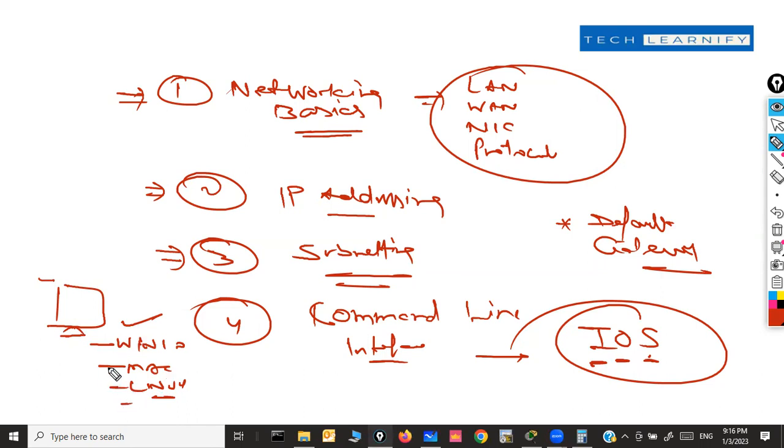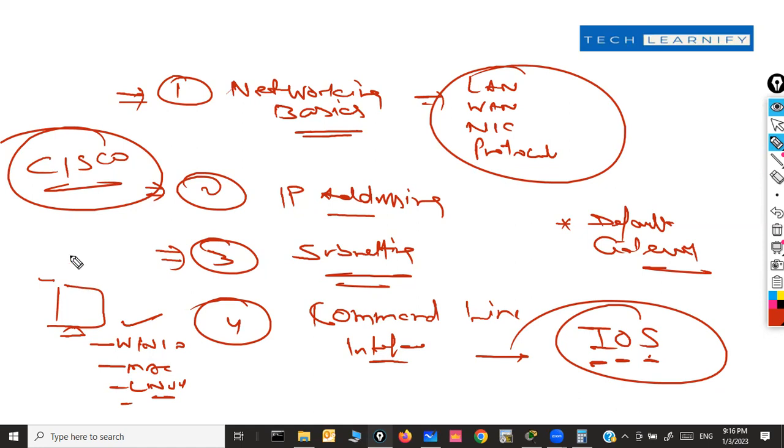Similarly, Cisco routers, because Cisco is one of the leading vendor companies. Cisco routers and some switches, not all, run this IOS, inter-network operating system, which is different from Windows and Linux. So in order to get familiar with it, we will have to get into CLI mode of configuration and all that stuff.